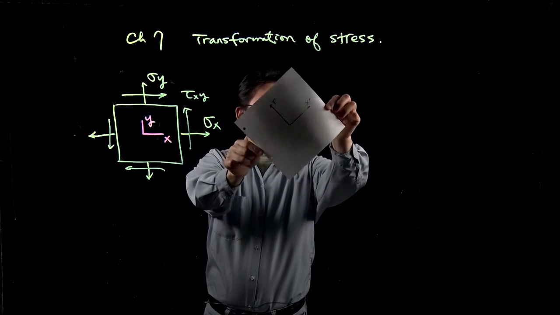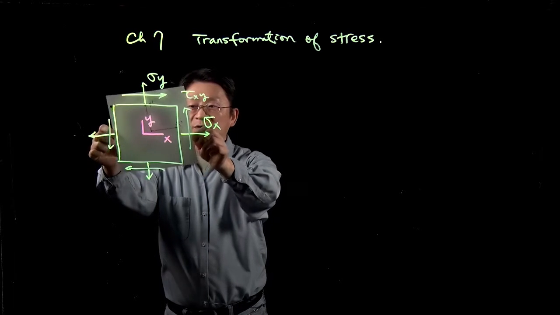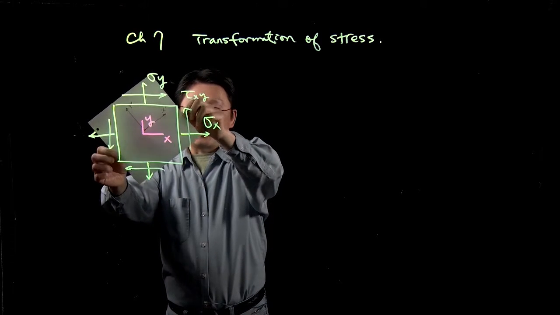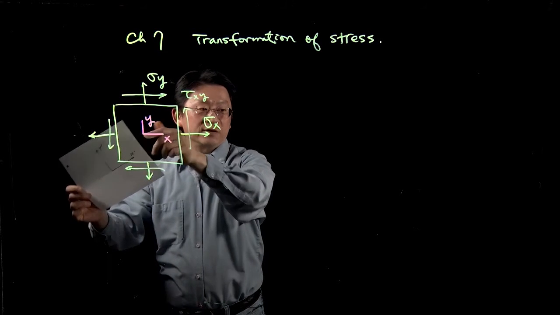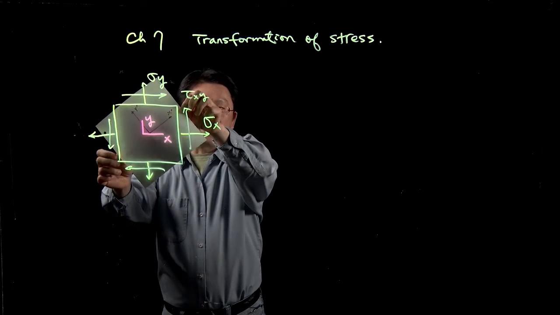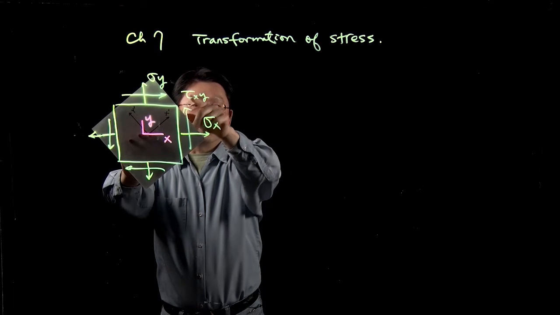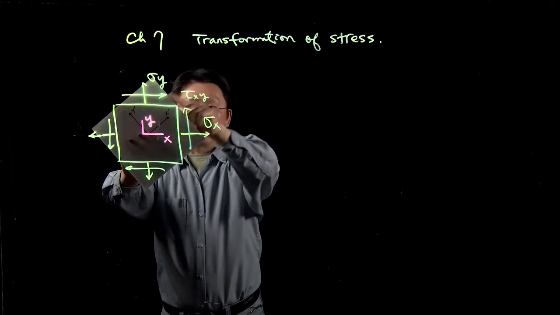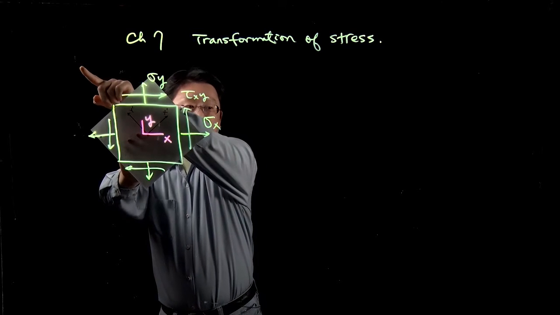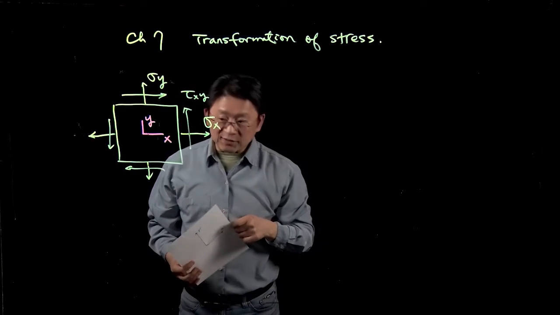Now if we rotate by any angle theta, this element we imagine rotating with respect to the center, the origin of the coordinate system. We want to know what is the new distribution of the stress in the new x direction, in the new y direction. Okay, so that is our goal.